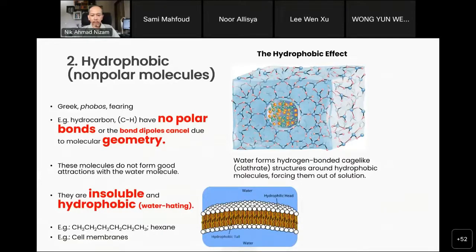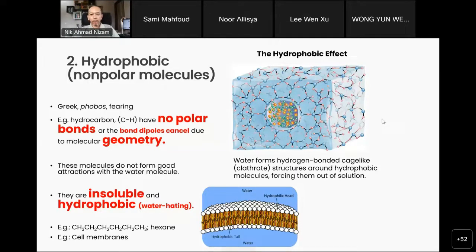If you see here, the cell membrane consists of a hydrophilic head and also a hydrophobic tail. And there are so many hydrocarbons here, and these are the water. The water just forms a hydrogen-bonded cage-like structure around the hydrophobic molecules, forcing them out of solution. So it will not interact between the water molecules and the hydrophobic molecules.